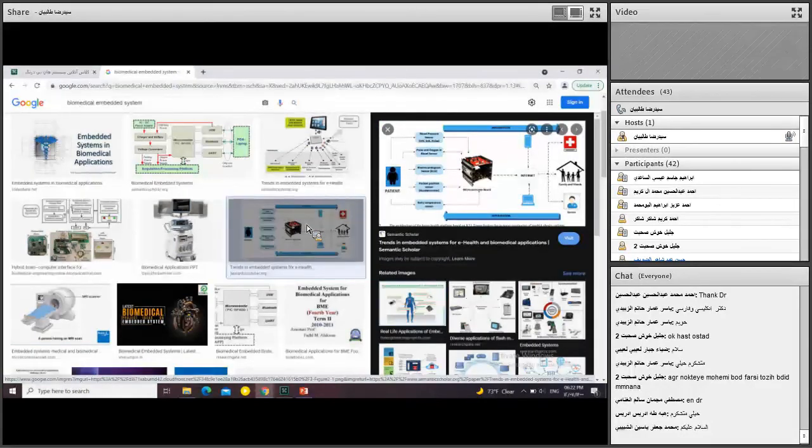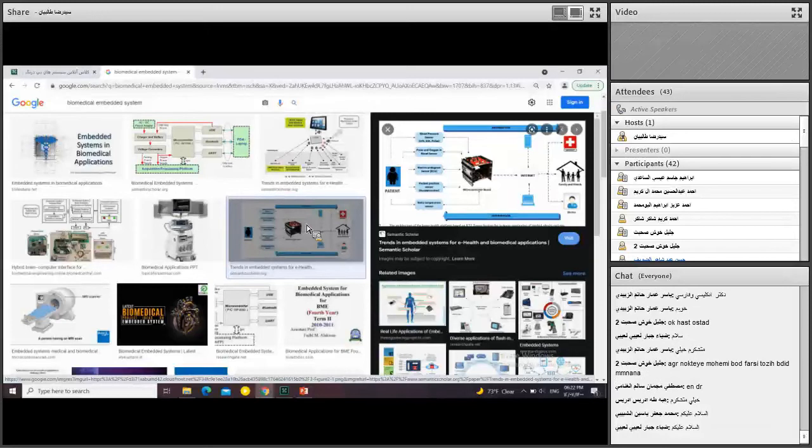You can see that you must write the field of application of each embedded system. We can write, for example, automotive embedded systems. Then we can find some embedded systems with application in automotive systems. Okay.